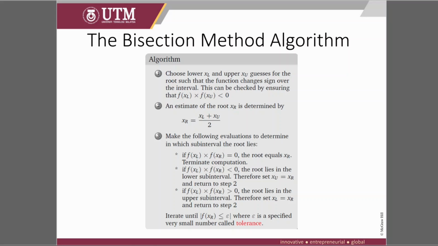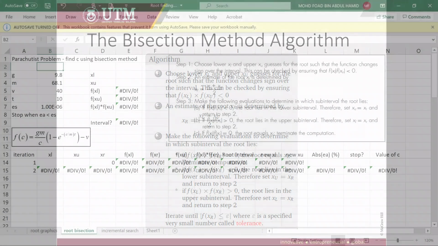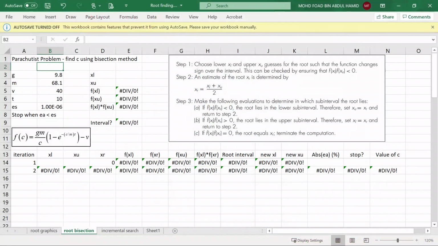Okay, so let's go to my Excel spreadsheet here. This is the same as your quiz. The question here is that G is given, oh, my G is wrong.